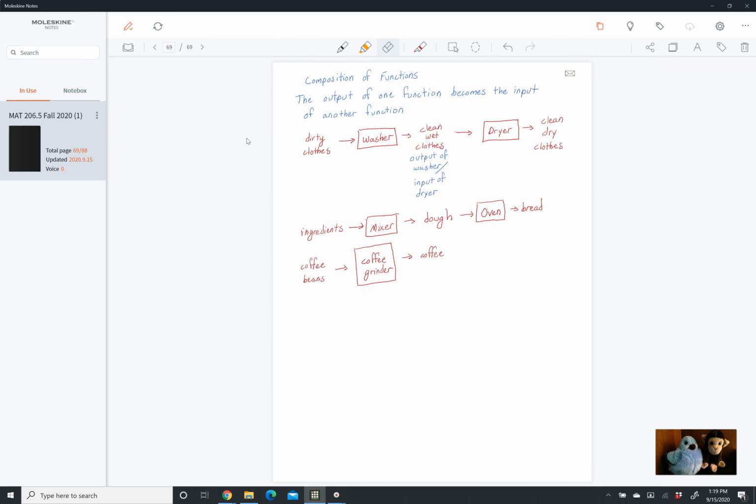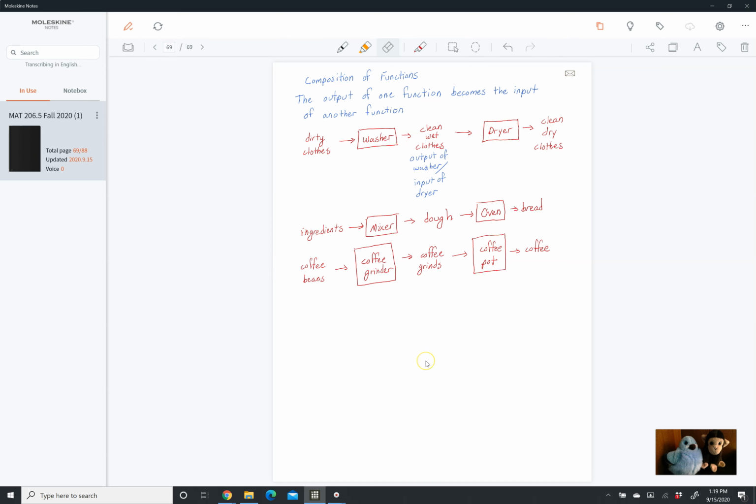So the output of the coffee grinder becomes the input of our coffee pot. And what comes out? Our coffee. Okay. So once again, the output of one function becomes the input of another function.